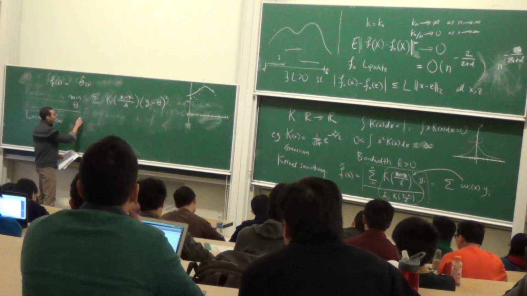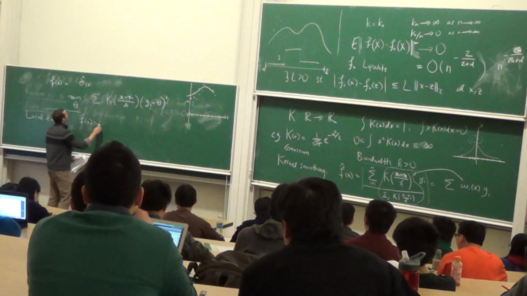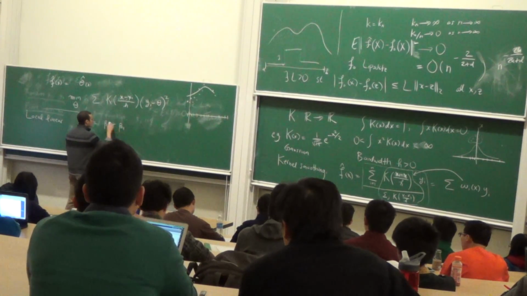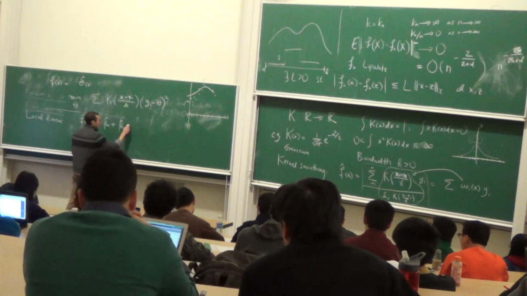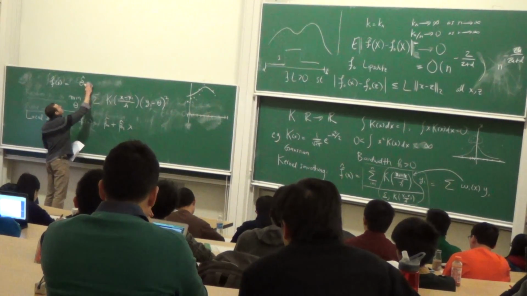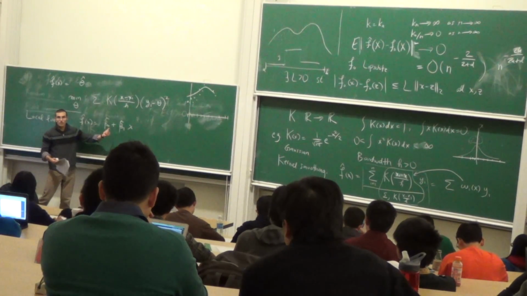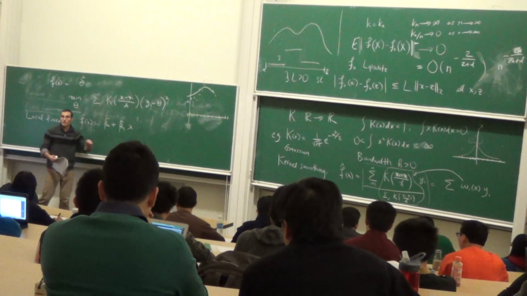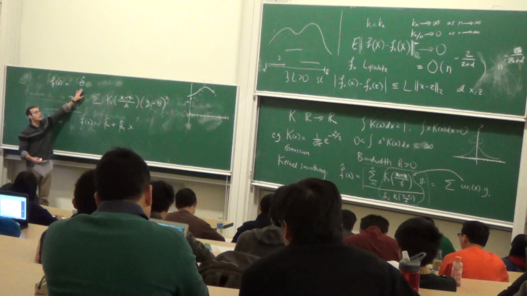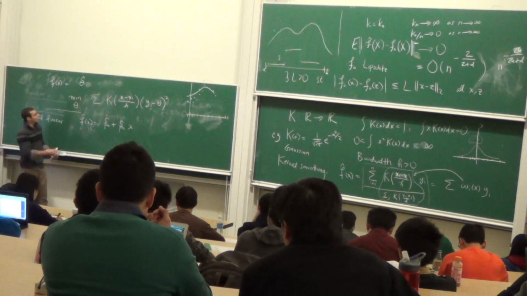But I'm going to model f at x as beta 0 plus beta 1 times x. And just remember that these coefficients, beta 0 hat and beta 1 hat, are going to depend on x. I'm going to solve a separate problem for every input point x that I want to make a prediction at. Just like here, I find a different constant value theta for every x. And I'll just do the same thing.